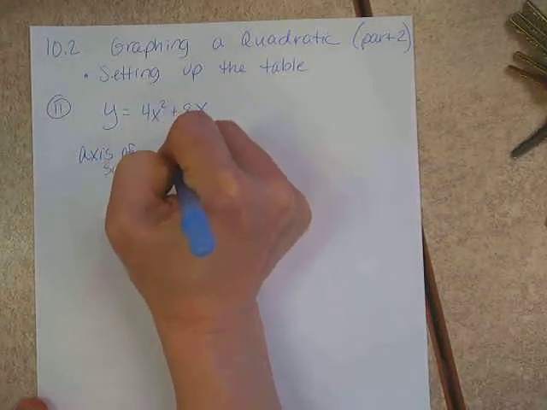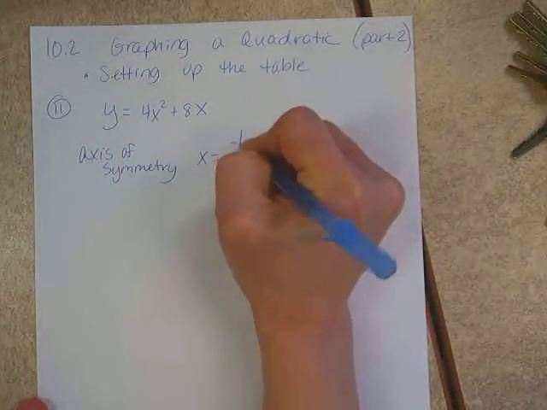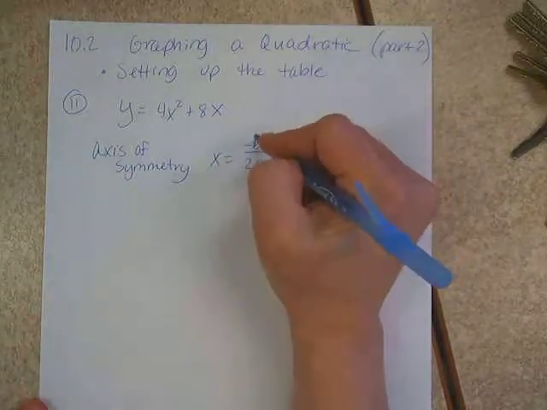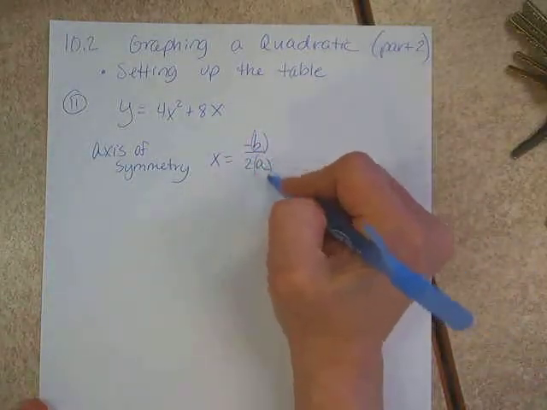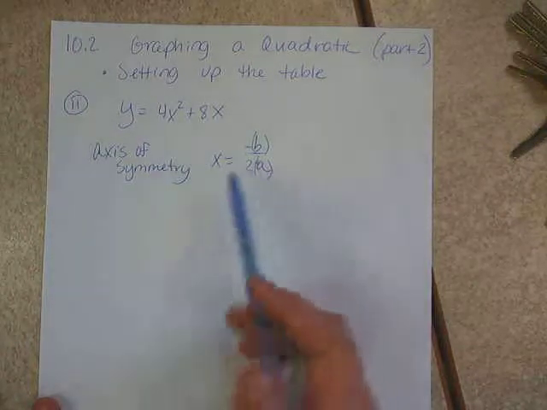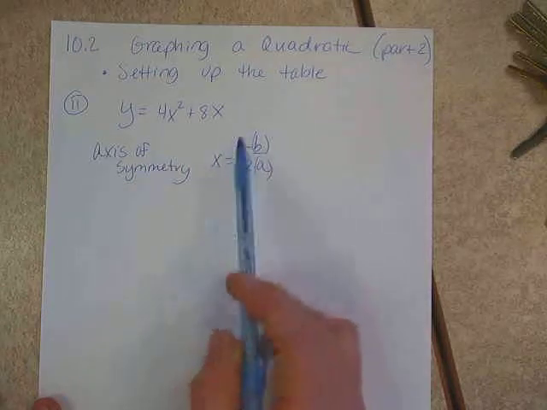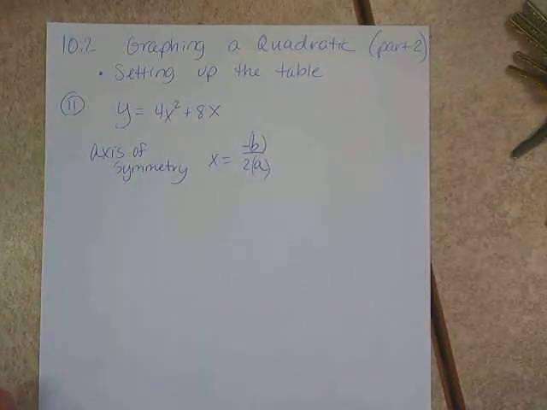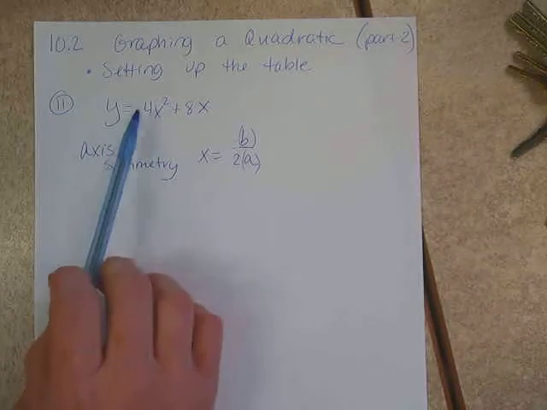So your equation for your axis of symmetry is x equals negative b over 2a. And again, I would recommend that you plug into parentheses just in case you have a negative, and that way you won't forget the negative on top, and you won't look at it as subtraction on the bottom.